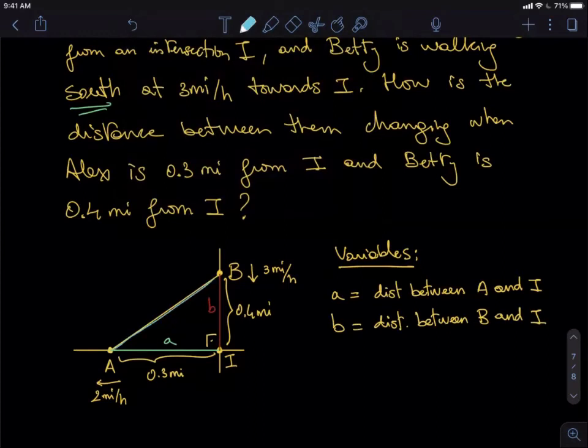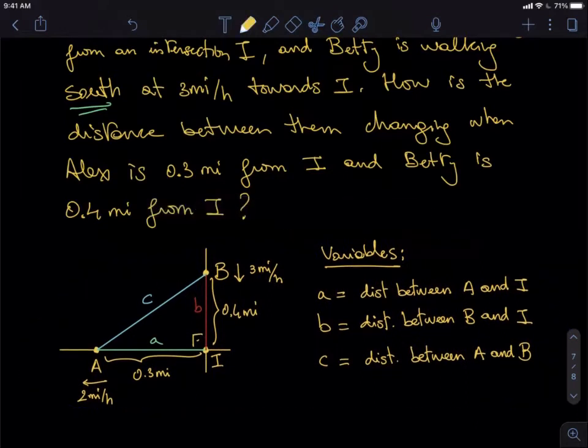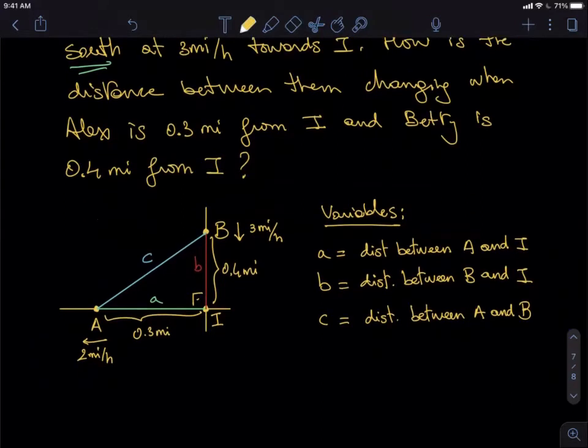This distance here I will call c, just to keep the sequence a, b, c. I could call it w, but that wouldn't make so much sense, so let's keep it simple. So this is the distance between A and B. And it is very important when solving a problem like this that we explain what the variables are in English. We write down carefully what is what, because otherwise the problem is impossible to follow. So first step done, find the variables.